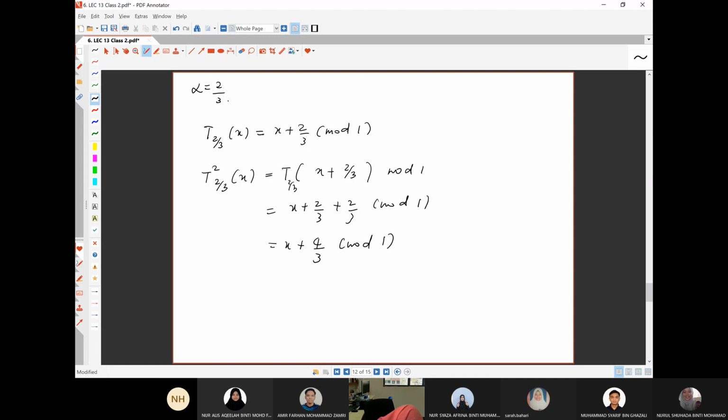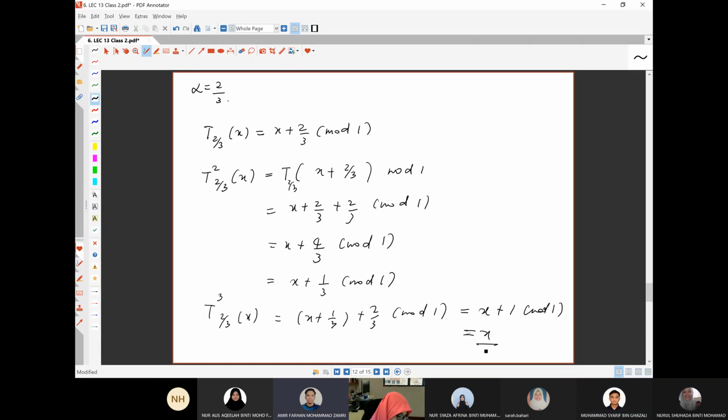What does 4/3 become in mod 1? 1/3. So you have x plus 1/3. Then you go again: x plus 1/3 plus 2/3, which gives x plus 1.